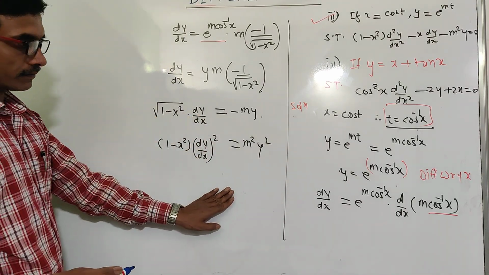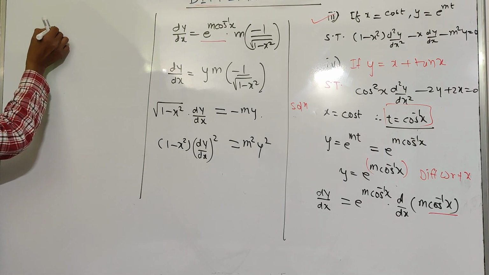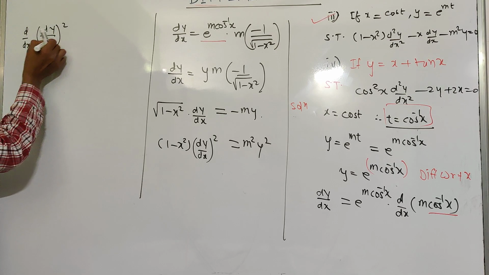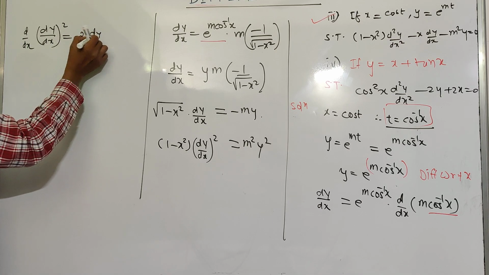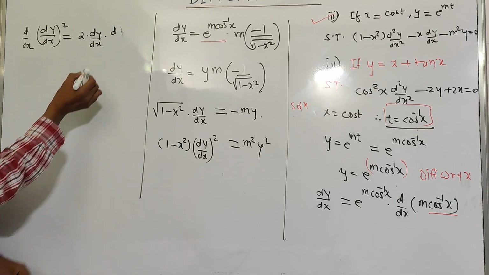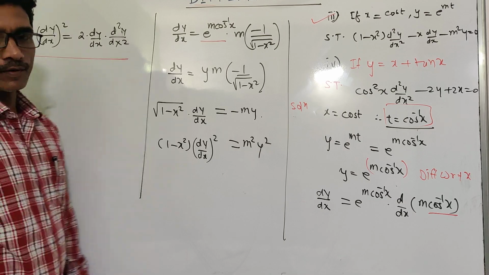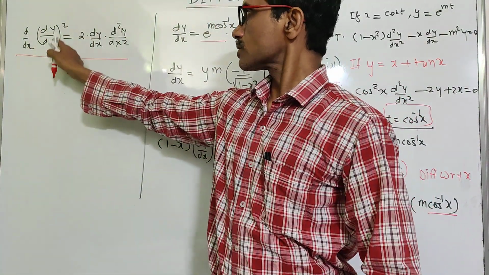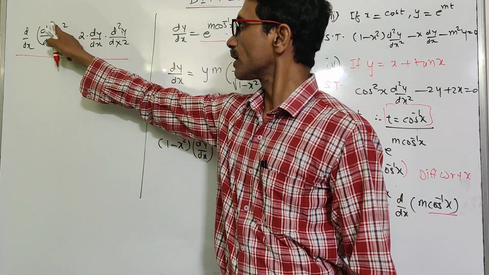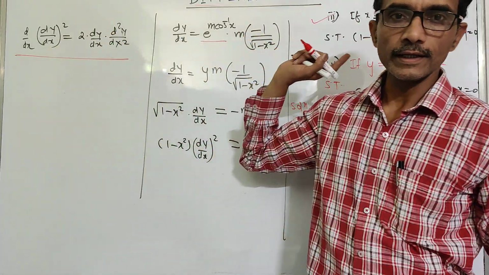Before differentiating it, remember the derivative of dy by dx whole square is 2 dy by dx into d square y by dx square. This you keep in mind. Derivative of dy by dx whole square is equal to 2 times dy by dx into again derivative of dy by dx, that is d square y by dx square.